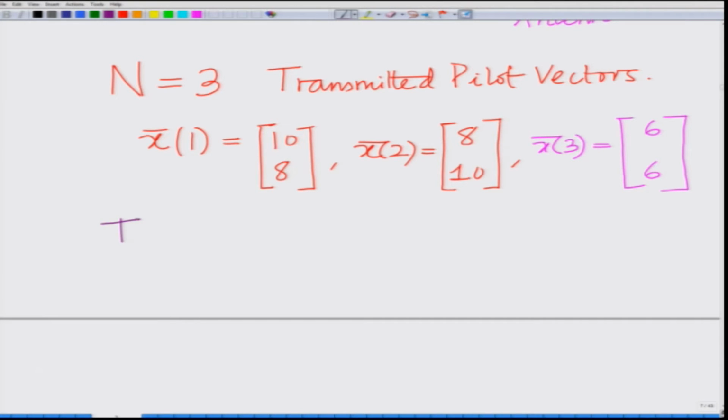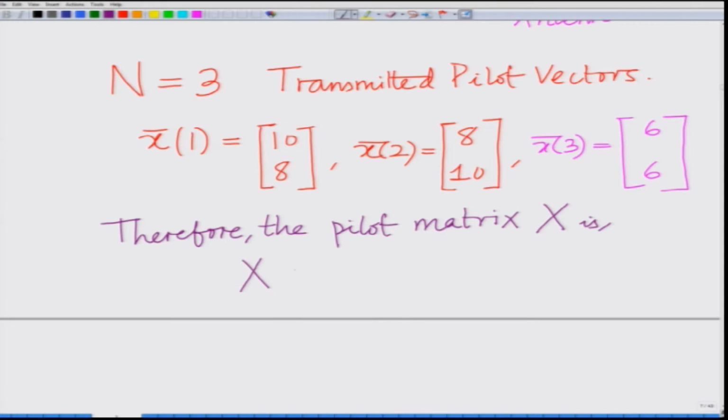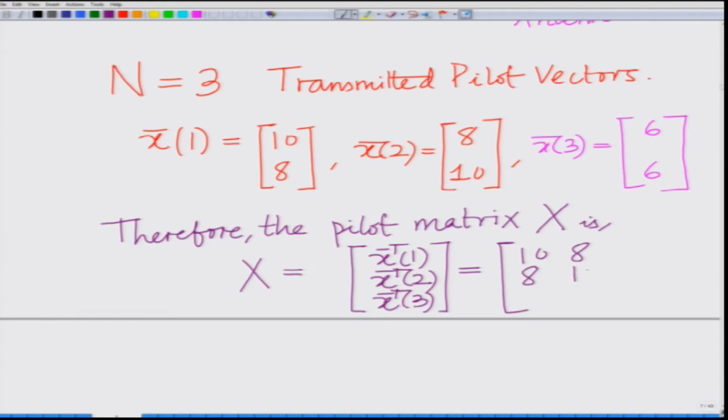Therefore, the pilot matrix X is x bar transpose 1, x bar transpose 2, x bar transpose 3, that is 10, 8; 8, 10; 6, 6.